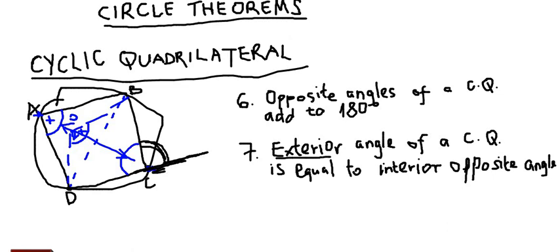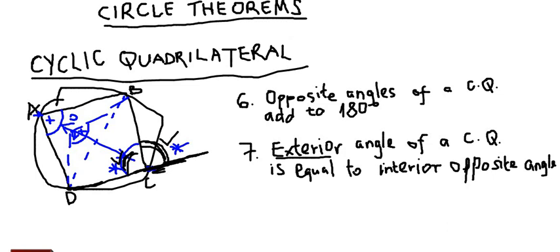Now, this angle is adjacent to an angle which is inside here, isn't it? It's adjacent, it's next to. Because it's next to, when we add this angle plus this angle, we get a straight line, we get 180. So the addition of this exterior angle and this adjacent interior angle gives us 180.